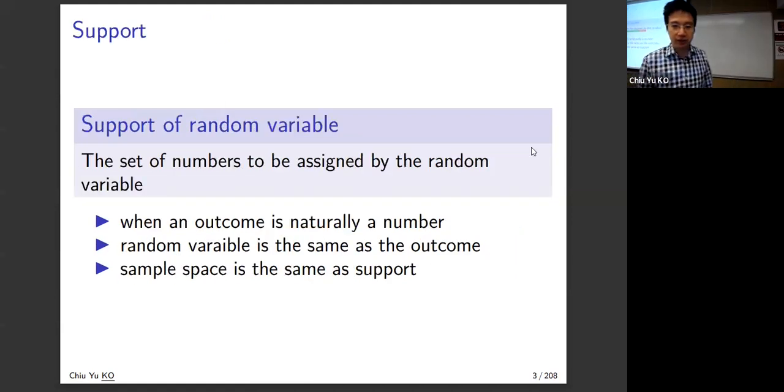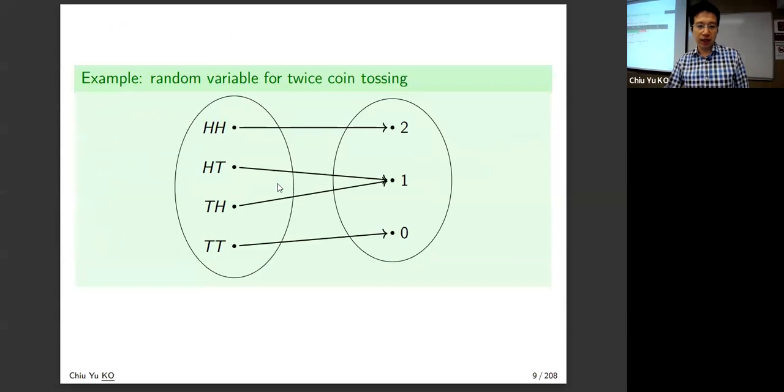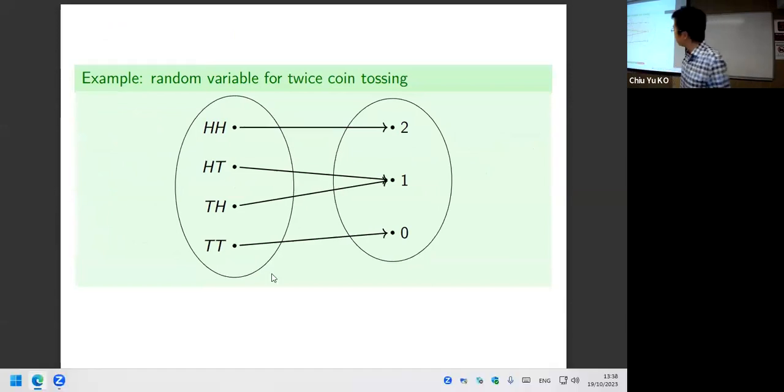Just remember the cases. Suppose I flip a coin 2 times. There are 4 outcomes, and if you don't care about the order, then you can collapse it into 2, 1, 0, rather than carefully represent exactly what happens, because this is how you measure the outcomes.